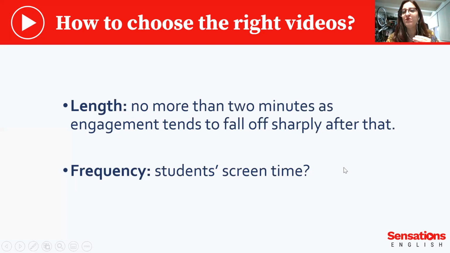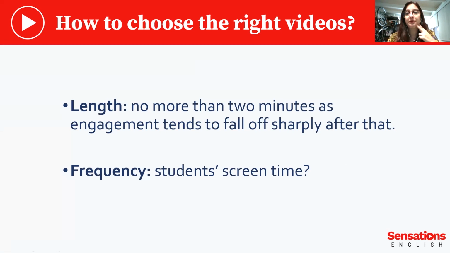And if we do, how many videos are we going to show? How often? Every class? How long are the videos? Are we going to show a whole movie, or are we going to show clips? So we're going to try to find an answer to that throughout the session. But this is a very, very personal decision.